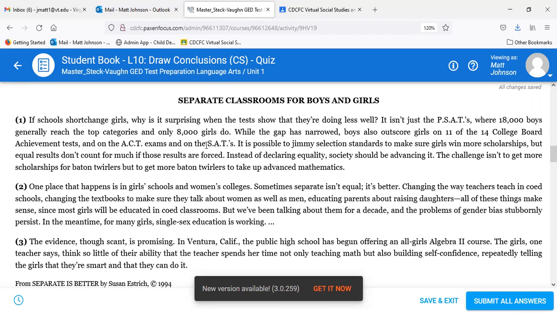Changing the way teachers teach in co-ed schools, changing the textbooks to make sure they talk about women as well as men, educating parents about raising daughters, all of these things make sense, since most girls will be educated in co-ed classrooms. But we've been talking about them for a decade, and the problems of gender bias stubbornly persist. In the meantime, for many girls, single-sex education is working."